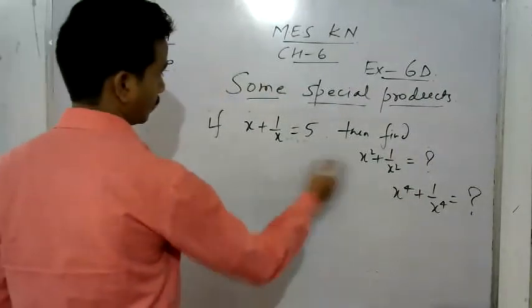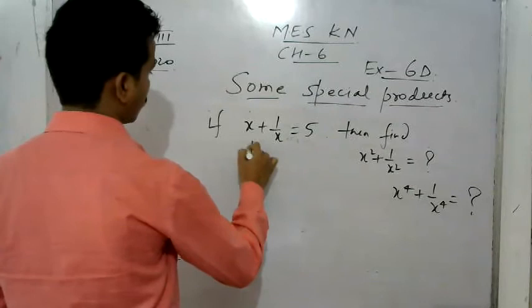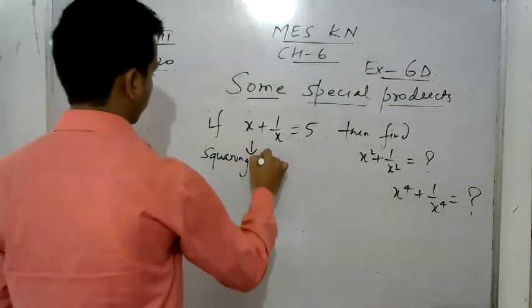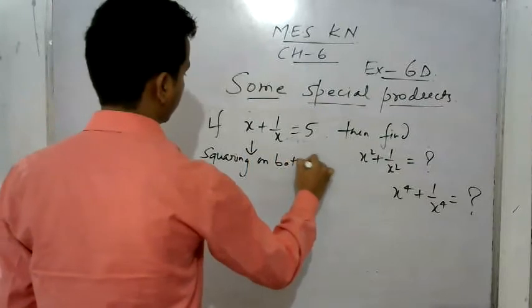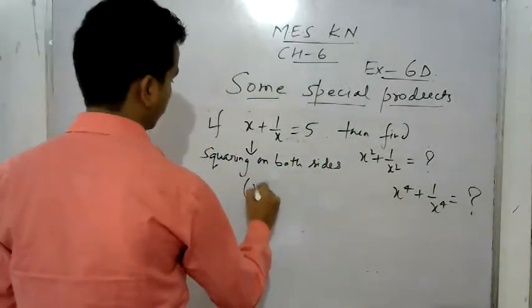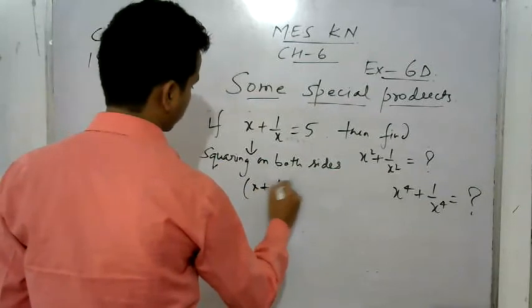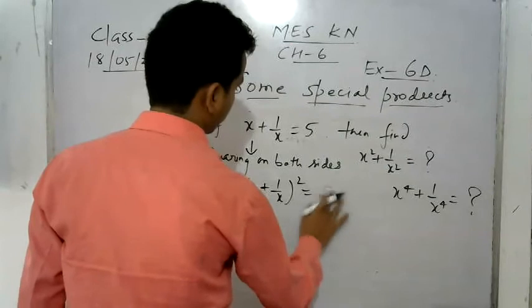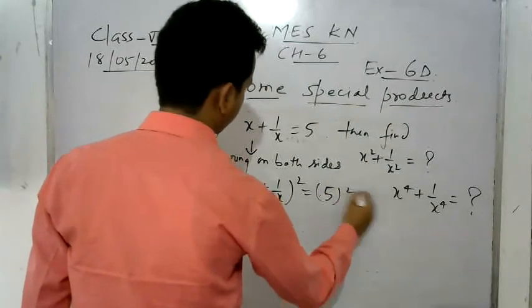To get the value of this, first square both sides. Squaring on both sides, you will get (x plus 1 by x) whole square equals 5 square.